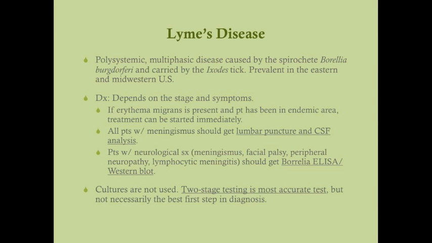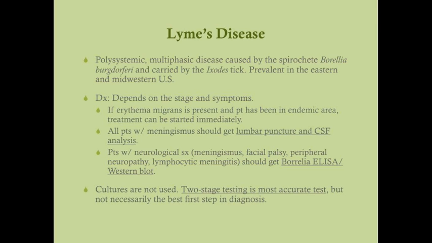Particularly now, it being July, people are getting outside. Now, if it were December and I were living in Colorado or Utah, where the prevalence is very low, then simply with Erythema migrans, I would not necessarily treat them for Lyme's disease.